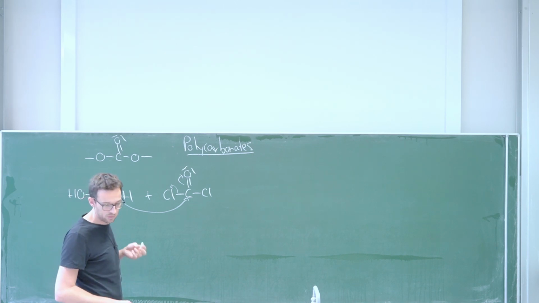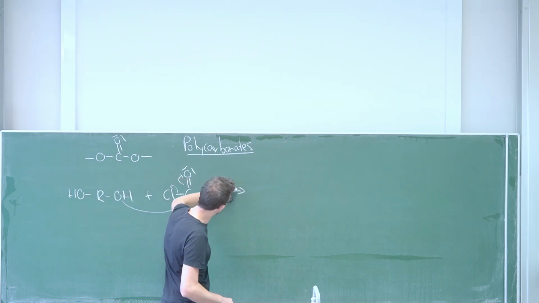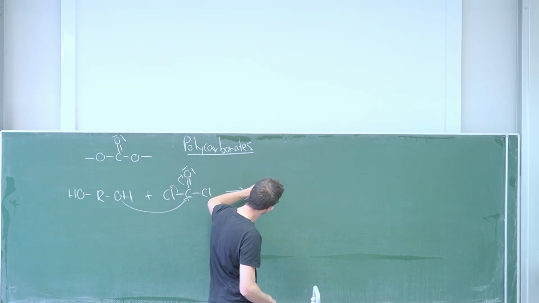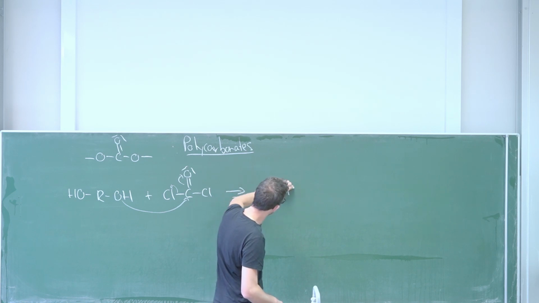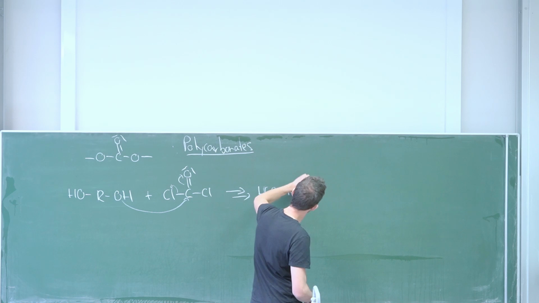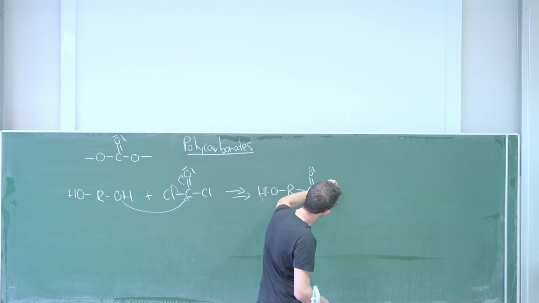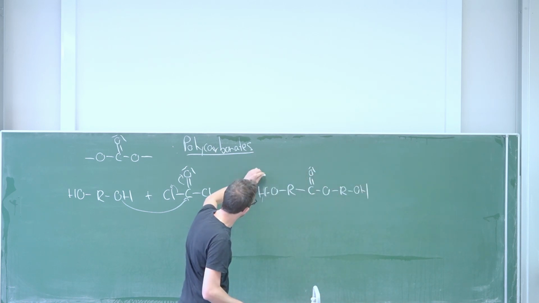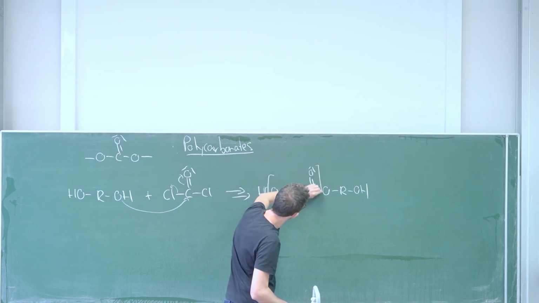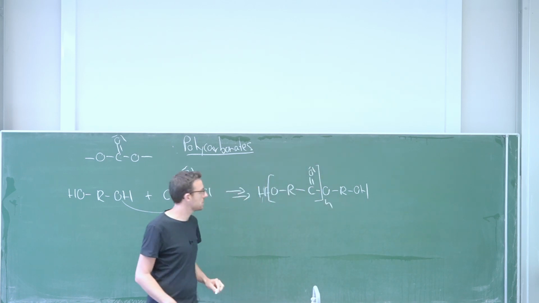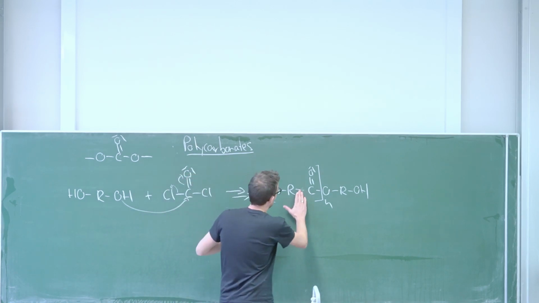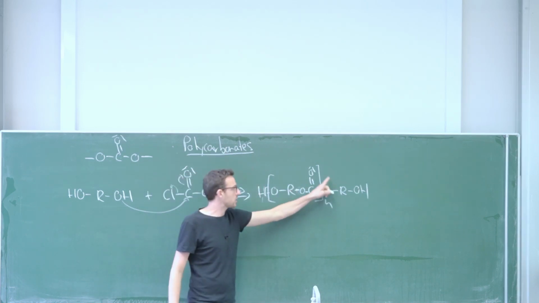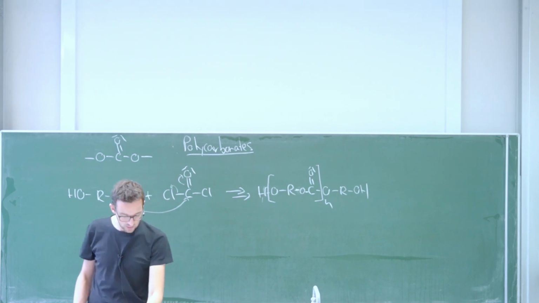And then what we end up having is a polymer, and let's see where the repeat units are. Like this. This is the carbonate function, and this extends all over the polymer.